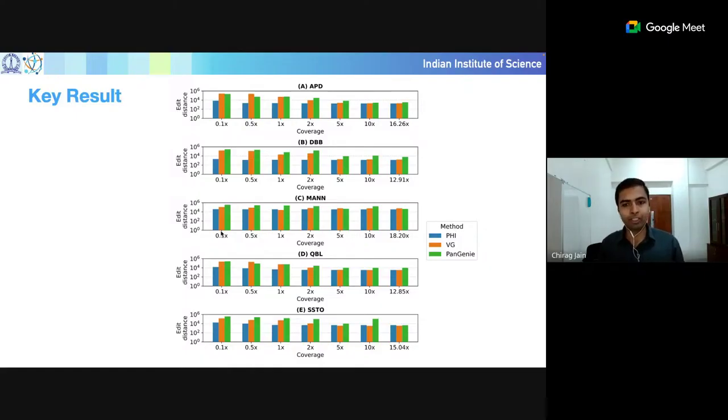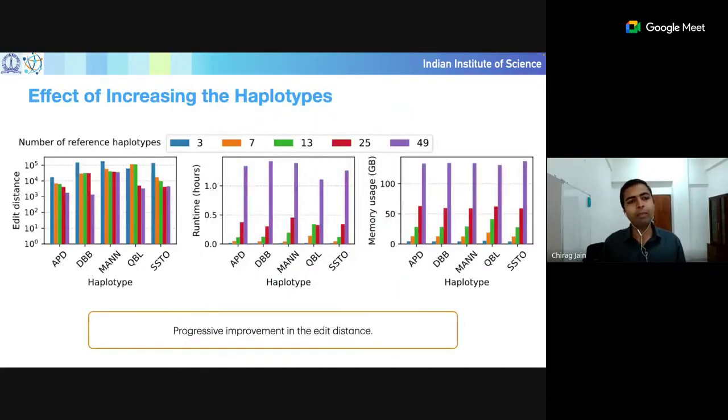As a result, that's where we see a significant advantage compared to other methods in haplotype reconstruction. Moving on, we also check what is the impact when we keep on increasing the pangenome graph size. That is, what if you use a smaller pangenome graph with only 3 haplotypes, all the way to a pangenome graph with 49 haplotypes? What we find is that adding more haplotypes helps with the reconstruction accuracy.